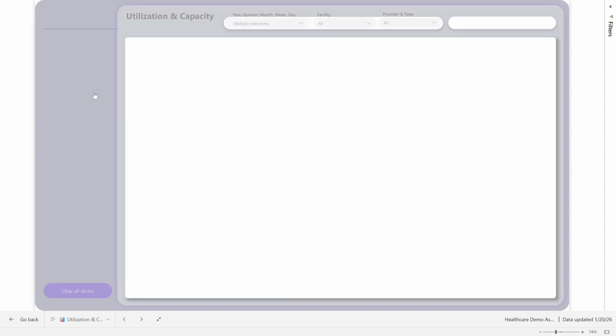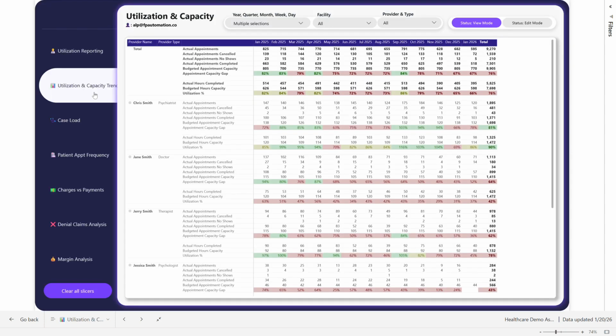So if we hop on over to the utilization capacity trends report, we can see right here that we have utilization capacity trends showcasing our actual appointments, how many were canceled, how many were no-shows in the month, and then of course how many were completed and what our budgeted appointment capacity is. We can also show the actual hours completed and budgeted hours capacity and then utilization.